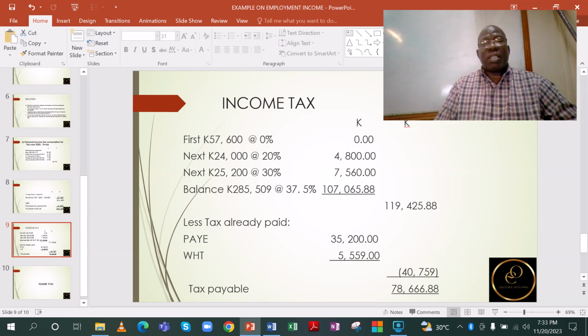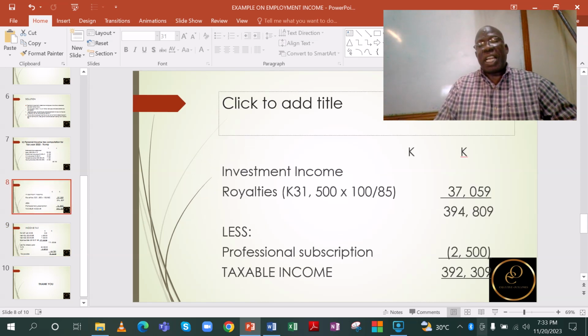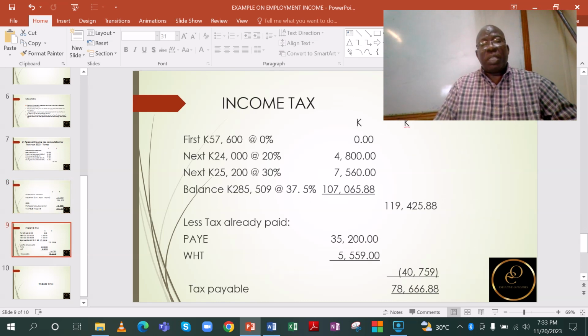The balance, after you have deducted 57,600, 24,000 and 25,200 from the taxable income of 392,309, is 285,509 kwacha to be taxed at 37.5%, giving you tax of 107,065 kwacha 18 ngwee.